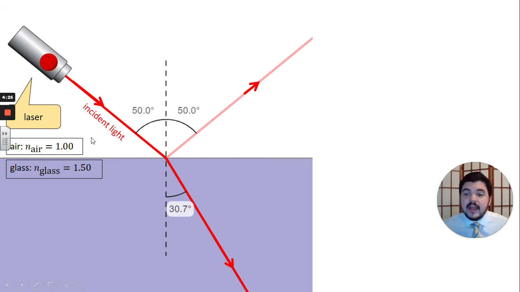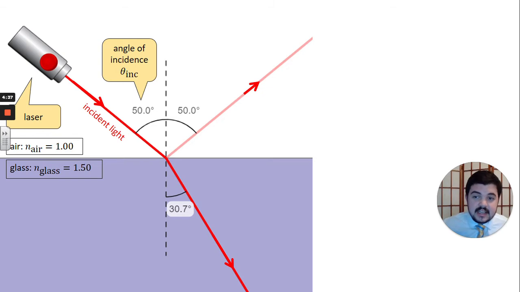We call the light over here incident light. It's incoming to this boundary point. We call this angle the angle of incidence, theta subscript INC. We call this light that bounces off the surface the reflected light. Makes some sense, it's the light that reflects.